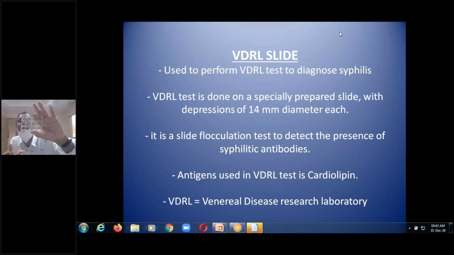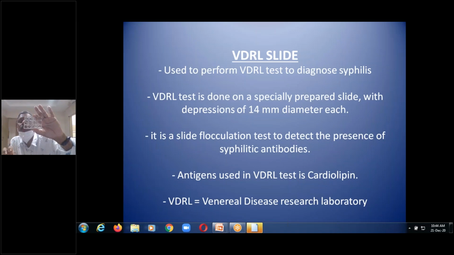And we have to observe the insoluble precipitation or flocculation under the low power microscope, the 10x microscope. Floccules form when the antigen combines with the syphilis antibody.